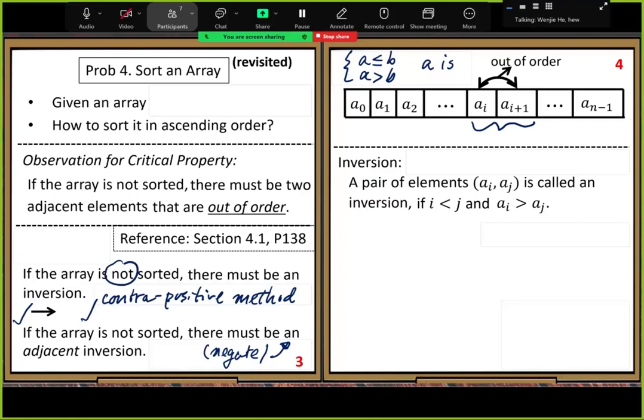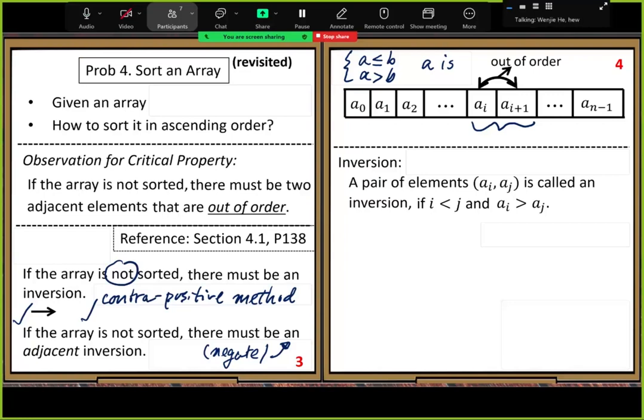We assume the conclusion is false. So what do we mean by the conclusion being false? The array has no inversion. That means the conclusion is false, right? Negation. If the conclusion is false, then the hypothesis is different from the given one. The hypothesis is that the array is ordered.